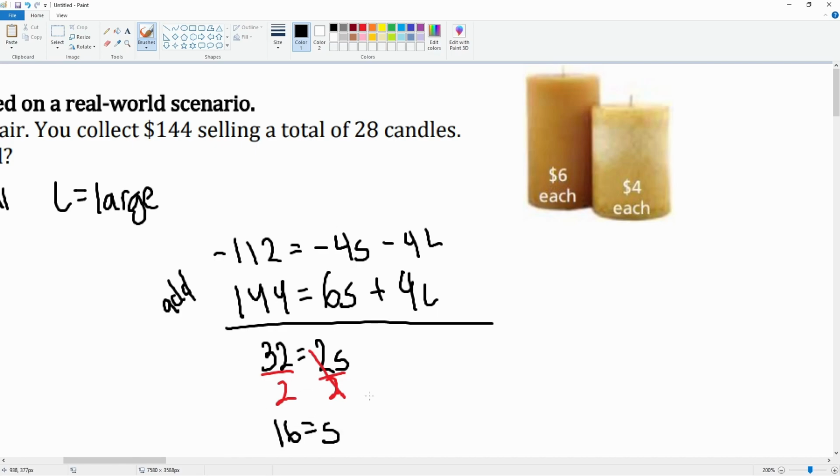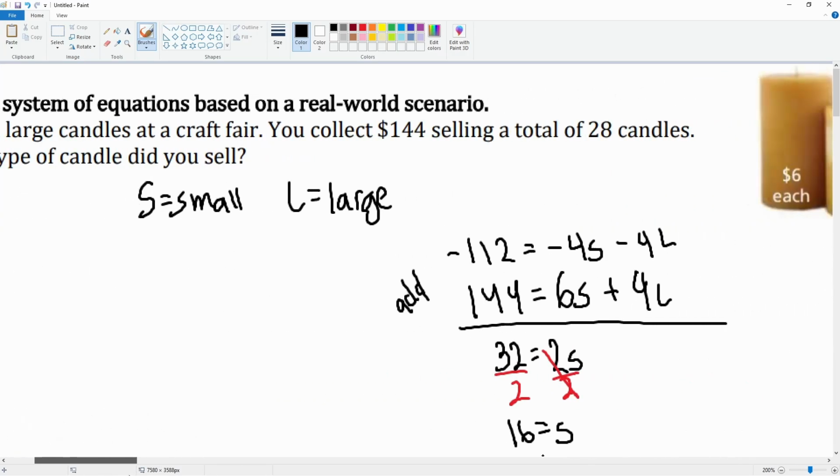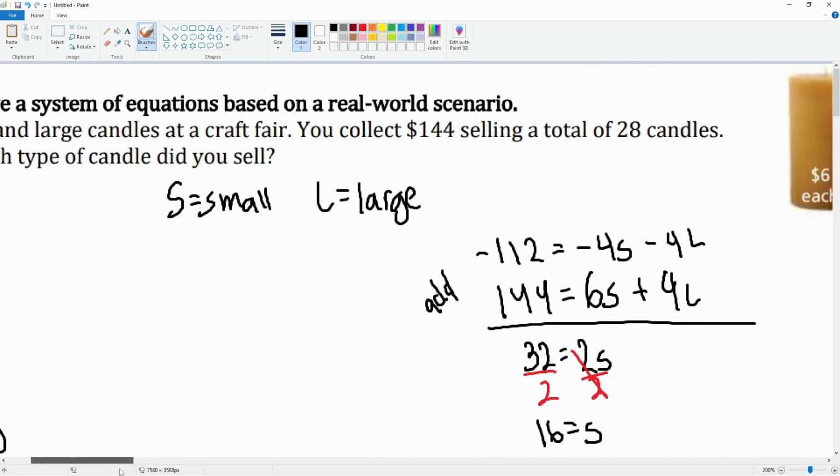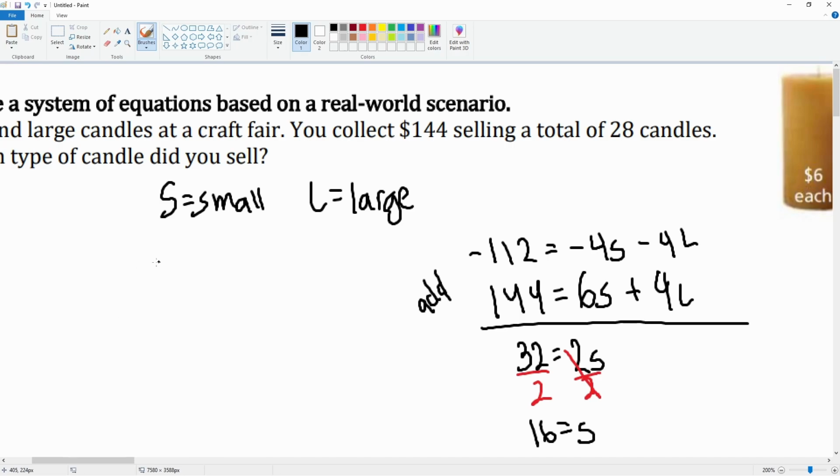So that is small. Now we want the large. Remember what the original equation was? It was 28 is equal to S plus L. We know that S is 16, so we can make that substitution here. Now we subtract 16 from both sides.